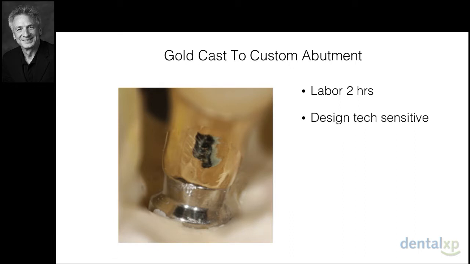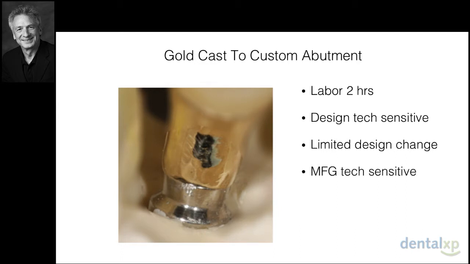It's very design technique sensitive, very dependent on the quality of the technician, and it became more and more design technique sensitive if there are multiple units rather than an individual unit. And it's very limited in design change. You have what you get. You get an abutment and you're not happy with it, and you have a final restoration with it. Well, the ability to change design is very limiting. And the manufacturing is very technique sensitive.